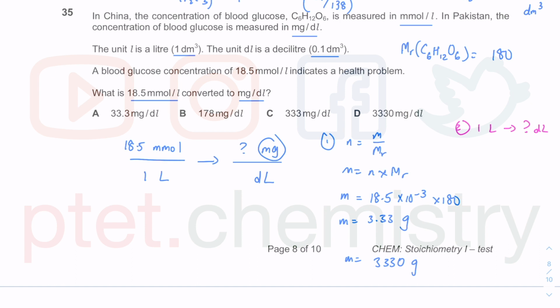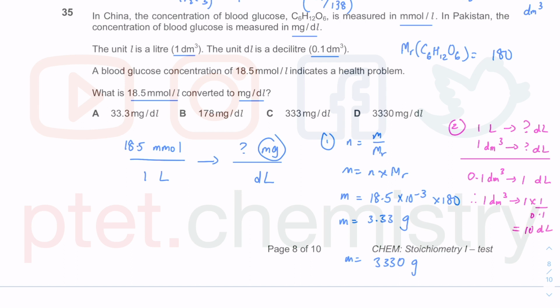So in 0.1 dm cube, I have 1 deciliter. Therefore, in 1 dm cube, which is 10 times bigger, I will have 1 times 1 over 0.1, which is 10 deciliter.